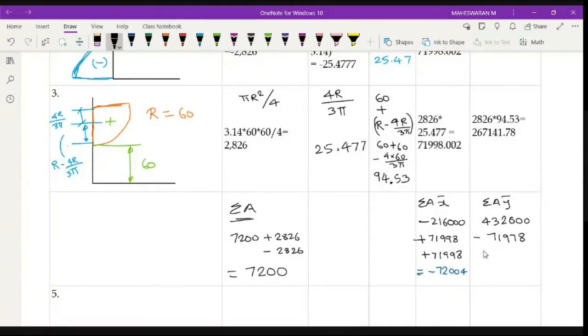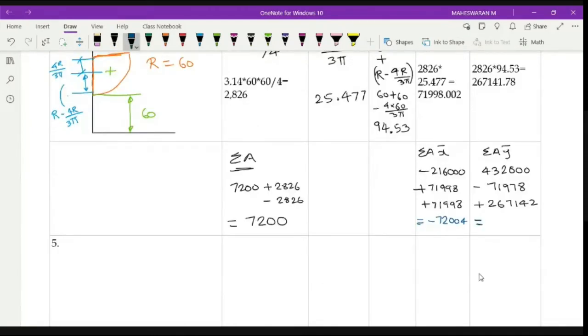I am approximating it. Okay. So plus 26714. Sir, 627164. Positive value. Right? Now that's it.